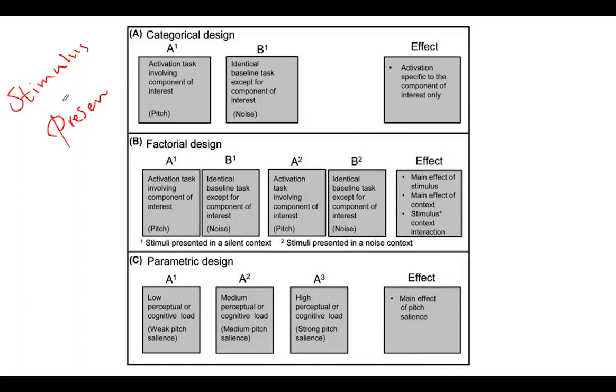When we want to have fMRI stimulus presentation, there are very different methods: categorical designs, factorial designs, parametric designs. It's too early for you to learn about different ways of doing that.